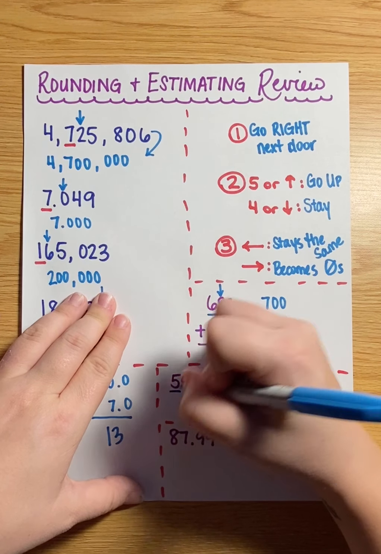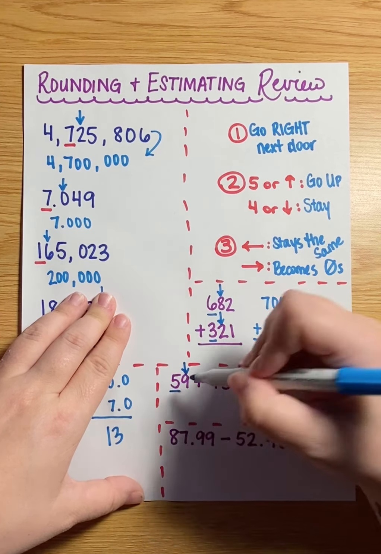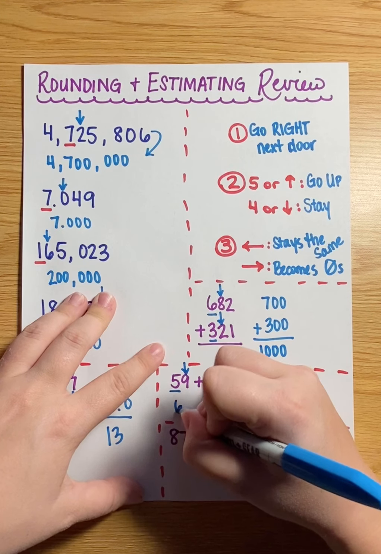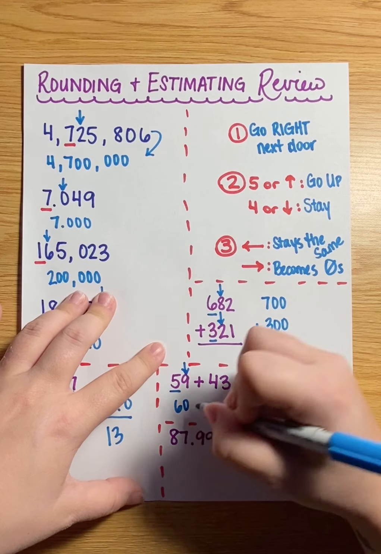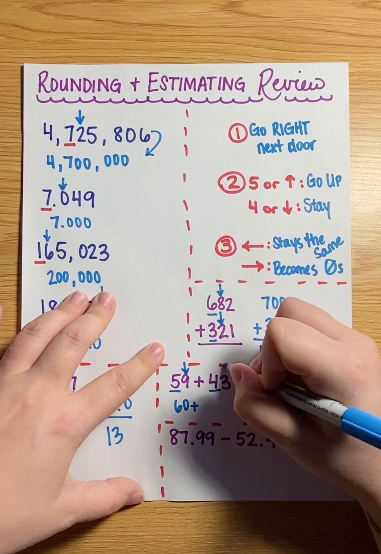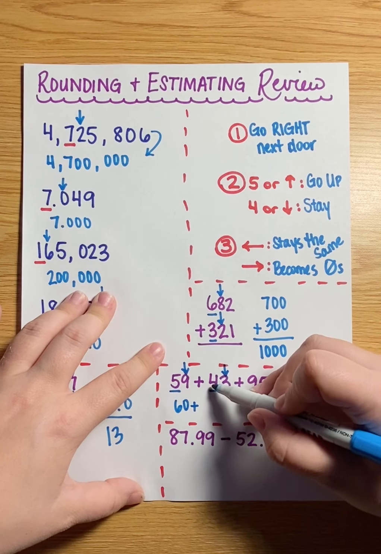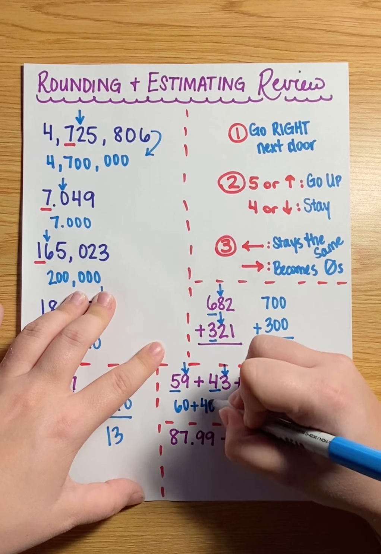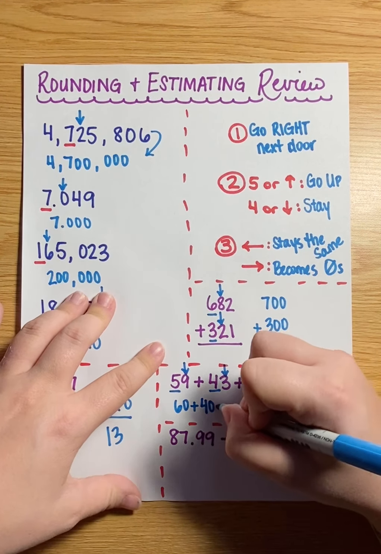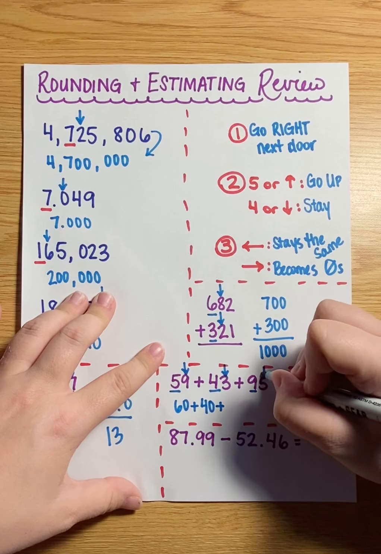I'm going to say 59. The 9 tells my 5 to go up to 6. Everything to the right becomes a 0. 43. My 3 tells my 4 to stay the same. Everything to the right becomes a 0. 95.